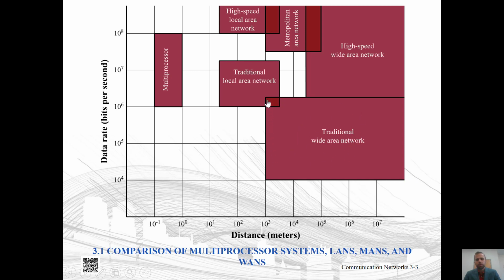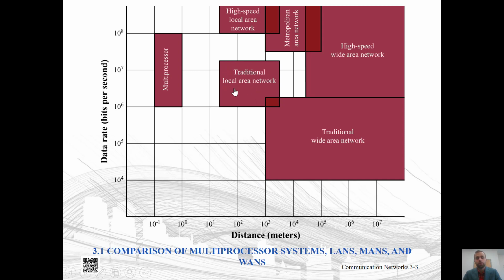But the data rates that they can support are lower. You can see 10 to the 6 is about 1 megabit per second and lower. By today's standards, we're coming up on 2020 here, so it's definitely on the lower side.